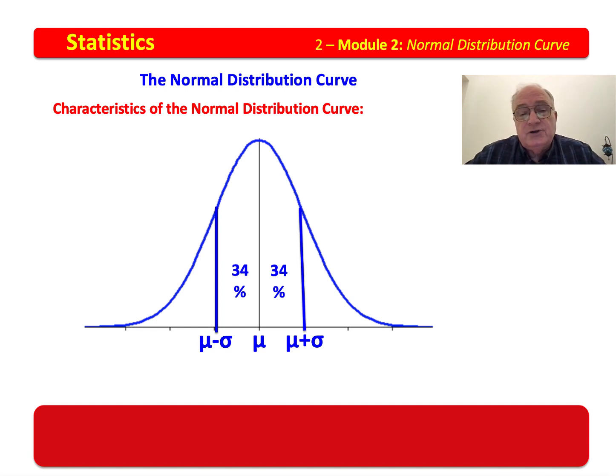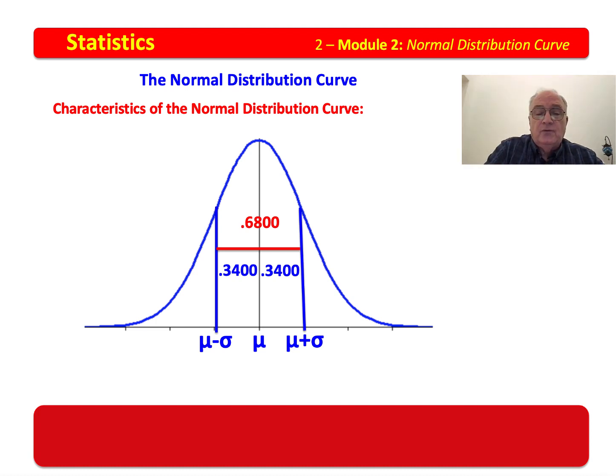So look at that just a minute. That means that 68% of the data lie between 1 standard deviation below and above the mean. We also discovered that we could say that as 0.6800 of the area lies between 1 standard deviation below the mean and 1 standard deviation above the mean.